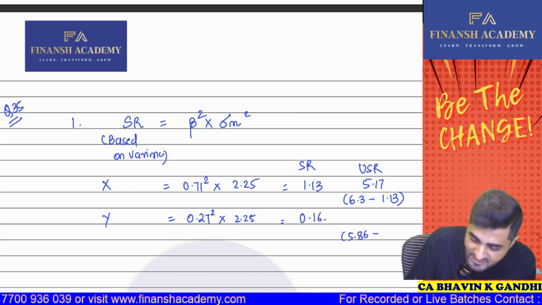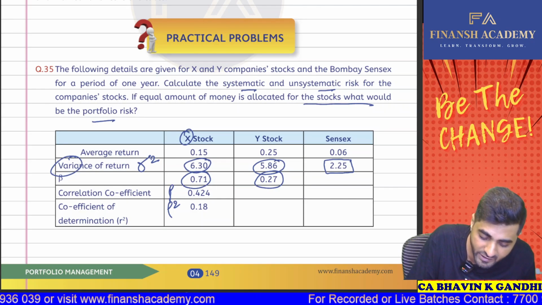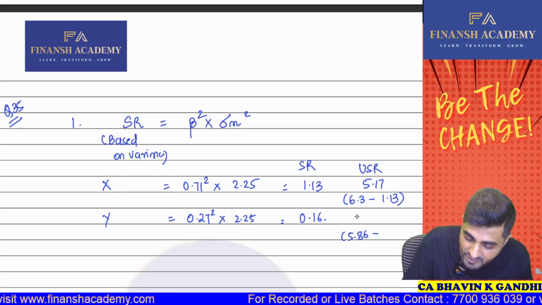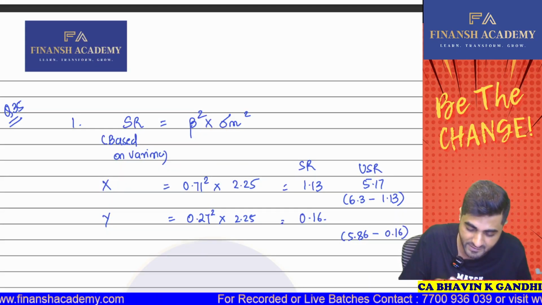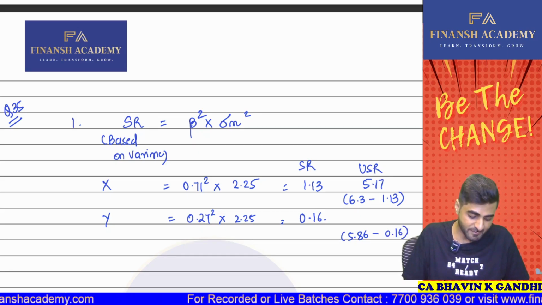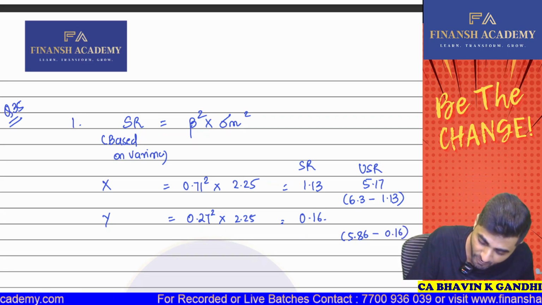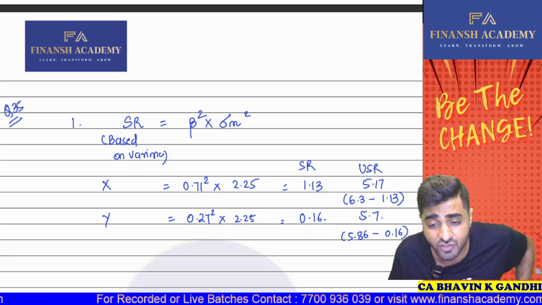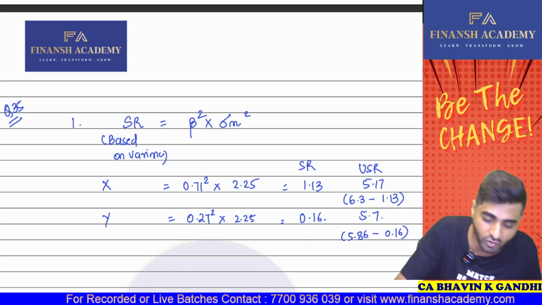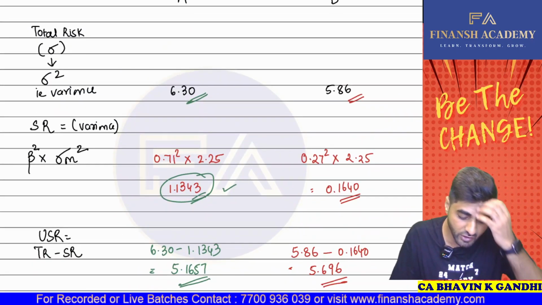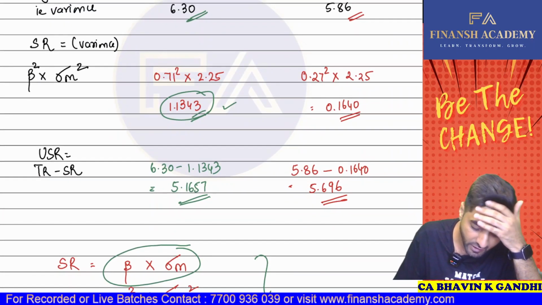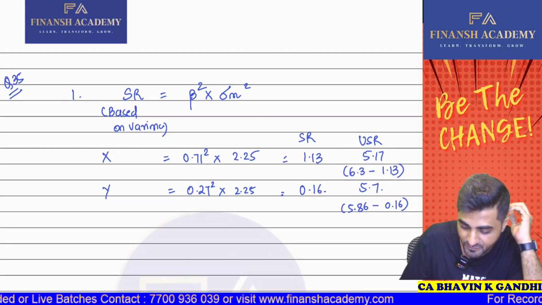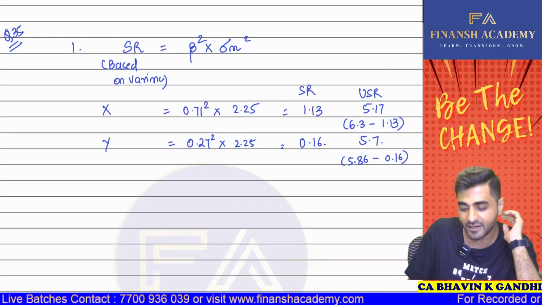From 5.86 I subtract the systematic risk, which is 0.16. So 5.86 minus 0.16 is nothing but 5.7. So is this going to be treated as your unsystematic risk? Come on, yes or no? Yes, sir. Okay. So now, my dear students, we have your systematic risk and your unsystematic risk available. Now, what is to be done next?